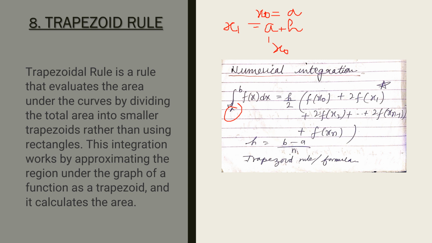Now again, x2 will be equal to x1 plus h. Okay, x1 plus h, so basically x1 is a plus h, which is a plus 2h.